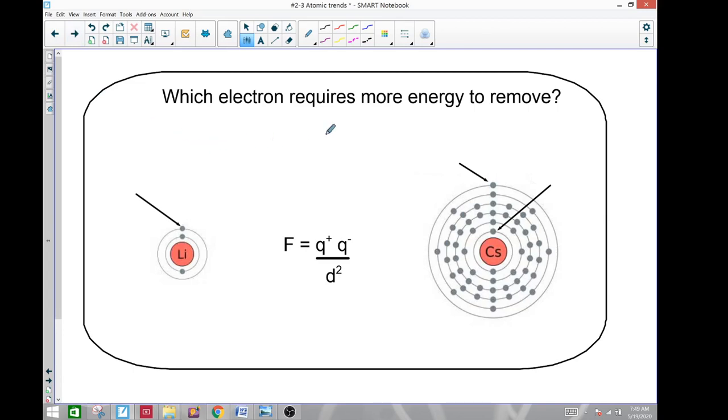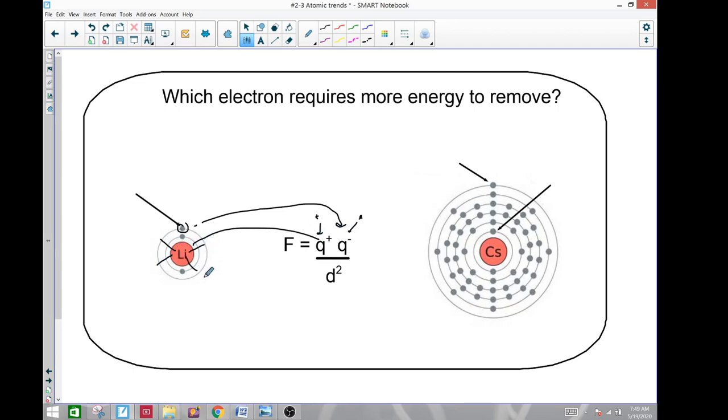Which one requires more energy to remove an electron? So let's revisit Coulomb's law. This is the inside of the nucleus. Okay, this is the electron. It's shining out in all directions.